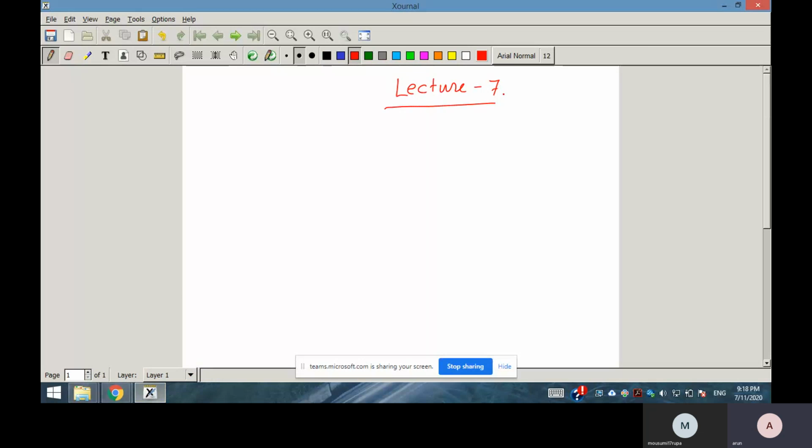So we'll just review what the specifications are that are needed to design lag, lead, and lag-lead controllers, and how we'll proceed for the design first. Then we'll consider the example.